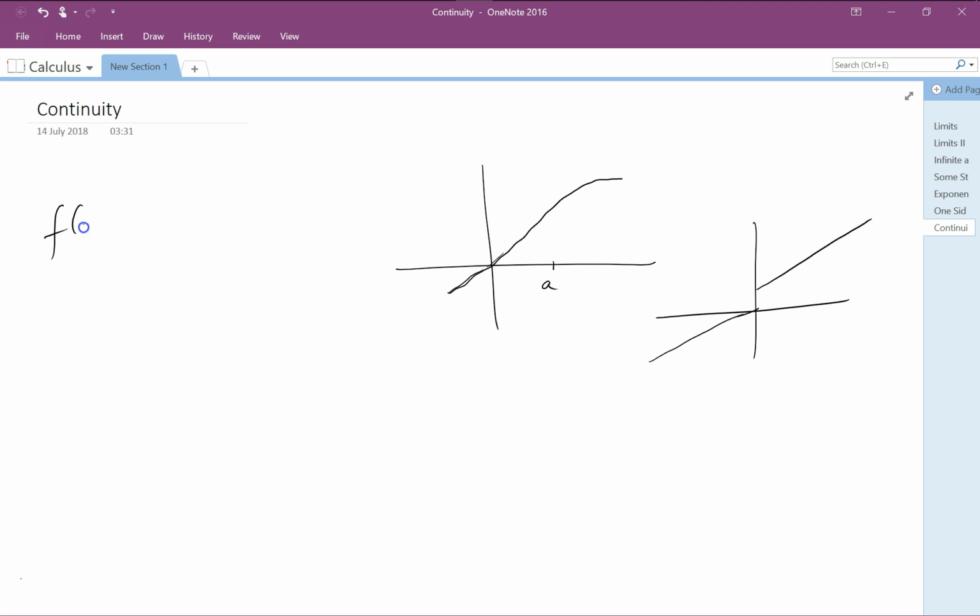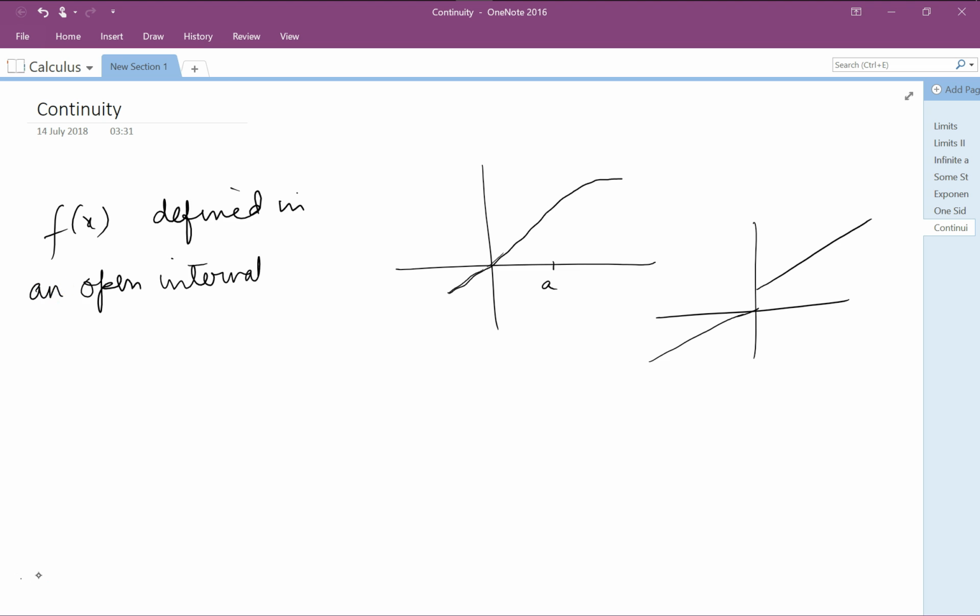Let's say we have a function and we are interested in a particular interval or domain. Let's say f of x is defined in an open interval.